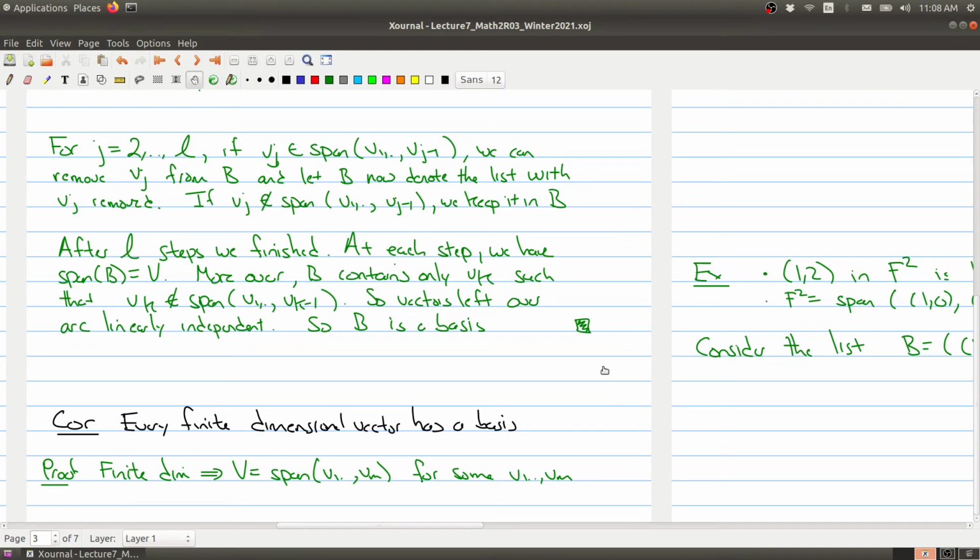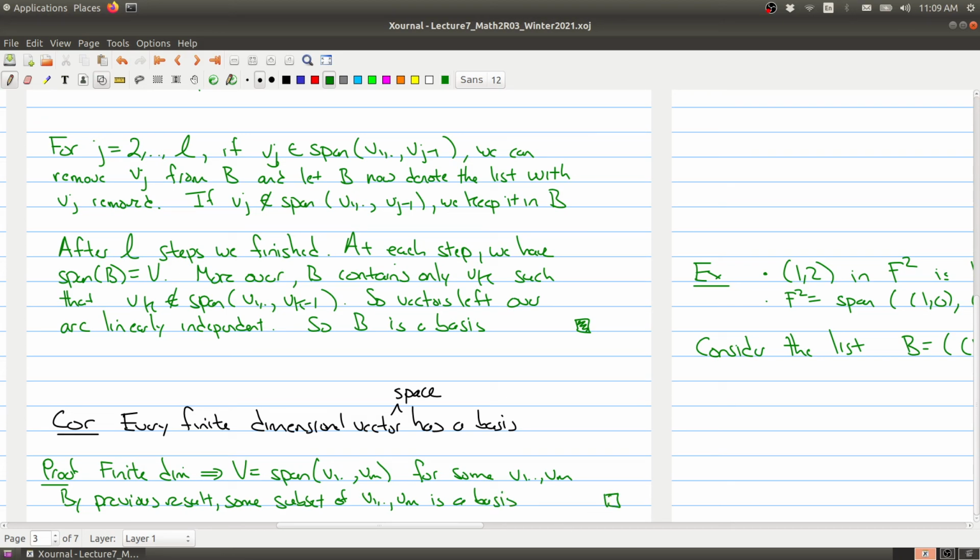This is a very useful fact, and once you have it, you can prove that every finite dimensional vector space has a basis. Why is that? Remember that being finite dimensional implies that there's a collection of vectors, v1 through vm, that span V. By the previous result, some subset of v1 through vm is a basis.